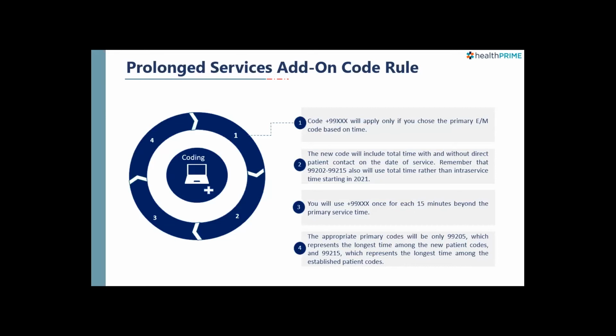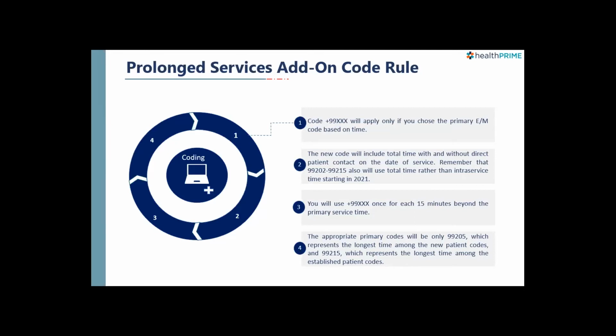The first rule is the prolonged service code will apply only if you choose the primary code based on time. If we are coding the primary E/M code on the basis of medical decision making, then we cannot code for the prolonged service code. Only if we are coding the service on the basis of the total time spent in patient care and the visit exceeds 74 minutes, then we can add the additional add-on code for prolonged service.